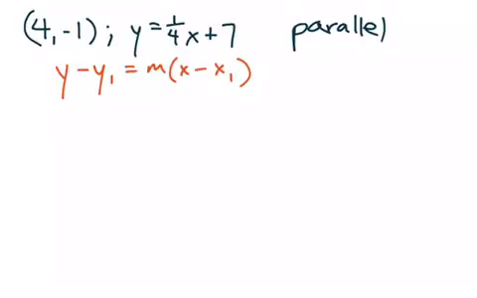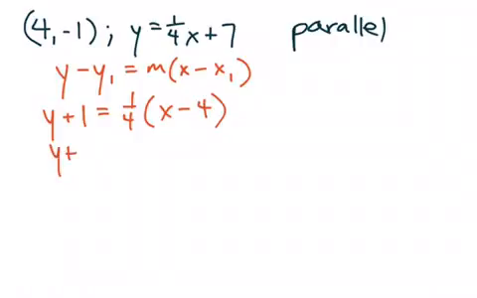Do this particular one. So using our point slope form, we're going to plug in each of our components once again. So we end up with y plus 1 is equal to 1/4 times x minus 4. Once we plug those in, simplify once again, distribute the 1/4, and isolate the y.